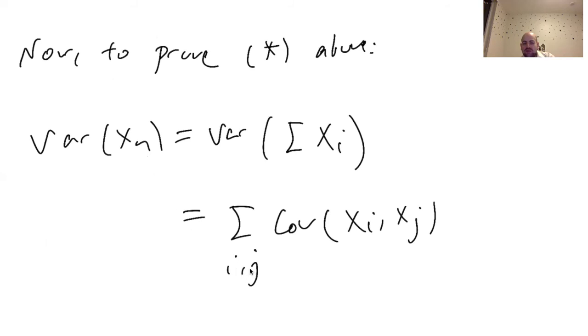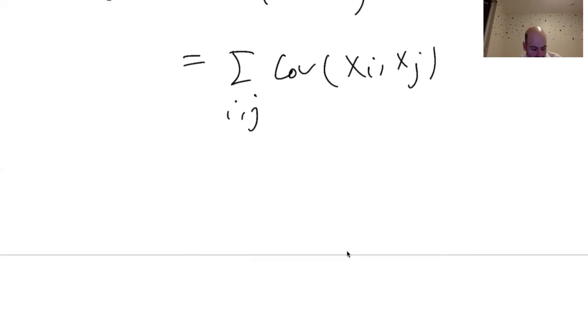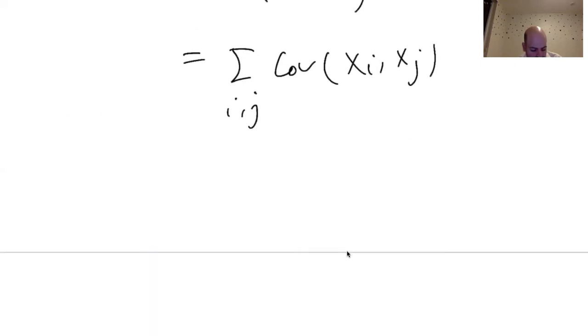But if I don't put any condition on i and j, the sum of covariance x_i x_j would give me the variance of the sum, because when I don't put a condition, that means i is allowed to be equal to j, and covariance of x_i with itself is the same as variance of x_i. Okay, now we need to bound this term.